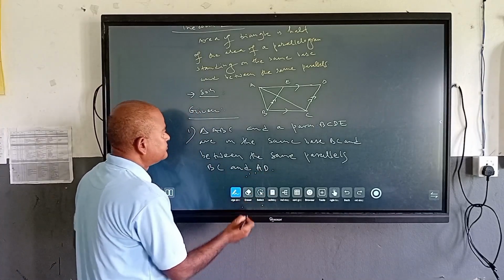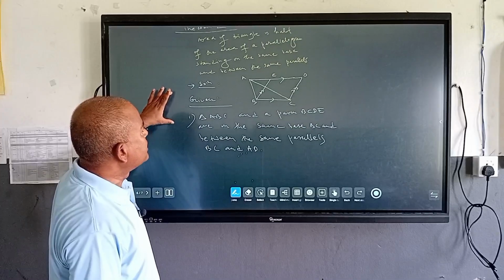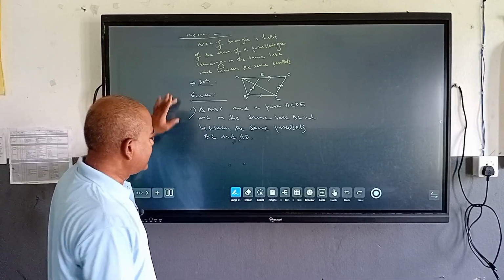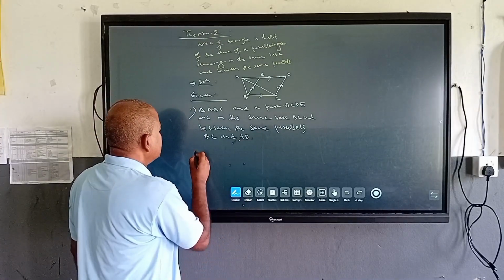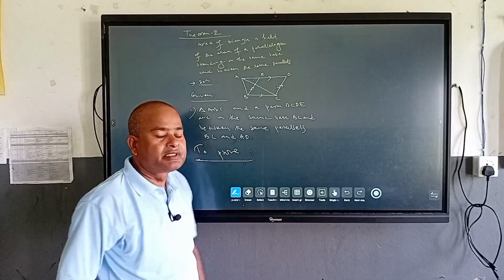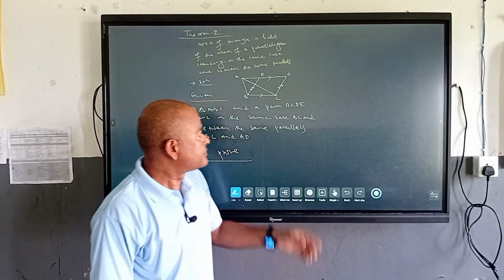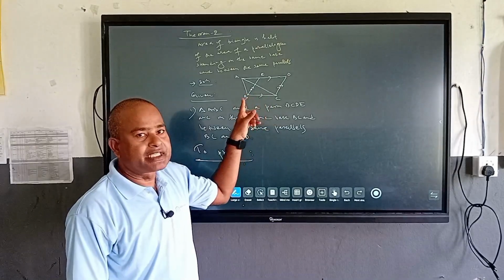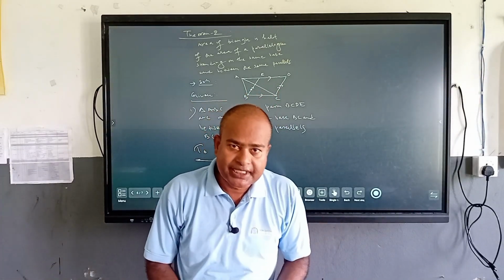Dear students, now according to this theorem, we have to prove the relation between area of triangle ABC and the parallelogram BCDE.